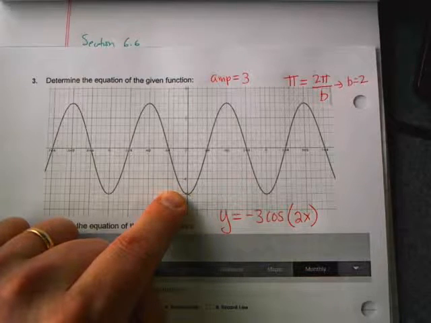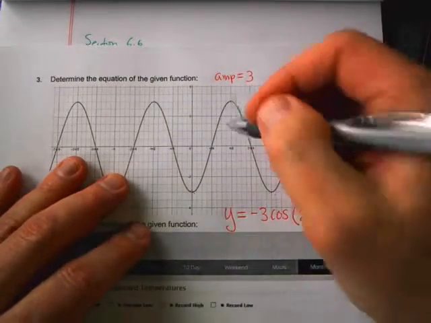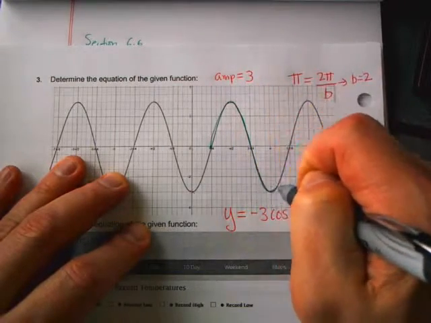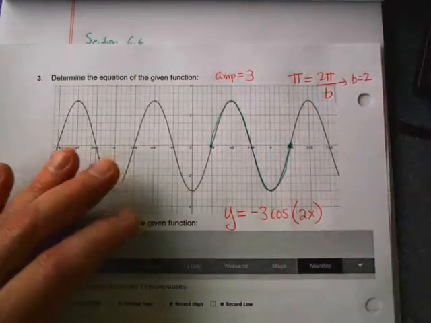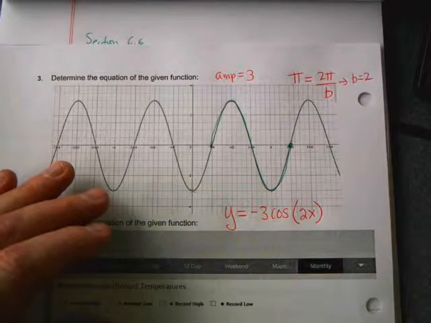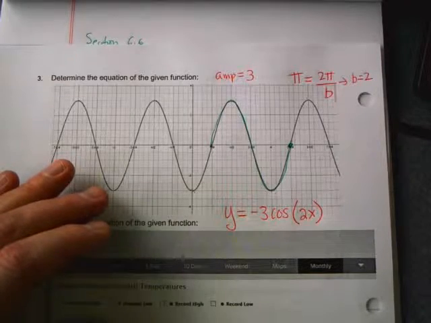But let's do the same problem using sine. If I'm using sine, then what I'm thinking is I'm starting here and going to there. So if I'm using sine, what's my amplitude? 3. The amplitude doesn't change, does it?